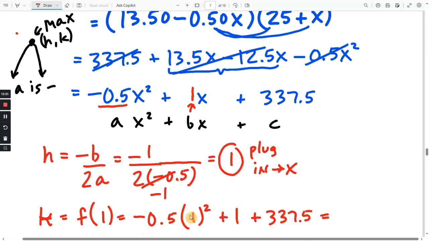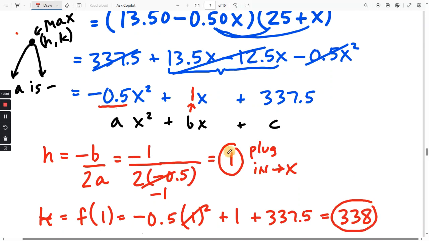This is just 1, so it's negative 1/2 plus 1, which is 1/2 plus 337.5. That's going to be 338. That step may have actually been unnecessary.